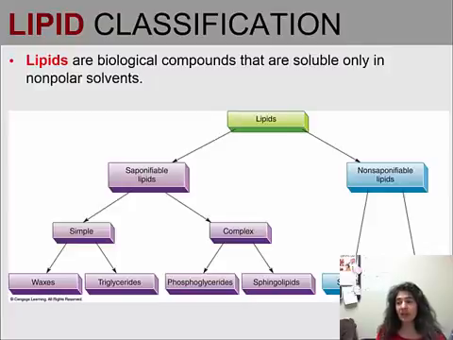Our non-saponifiable lipids then are going to be our steroids and our prostaglandins, and our saponifiable lipids break down into simple and complex. So here, of course, we're just looking again at the structure, how many parts and pieces are attached, and therefore break it into not so many parts and pieces and a lot more parts and pieces category. So our waxes and our triglycerides are going to be in our simple category. Our phosphoglycerides and our sphingolipids are going to show up in our complex category.